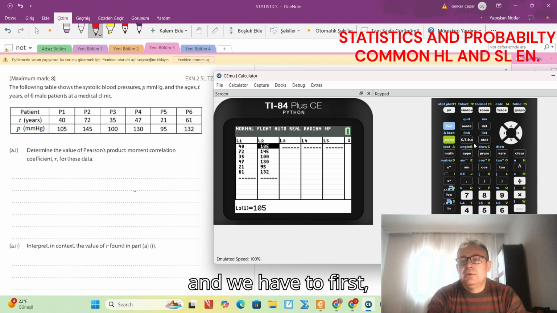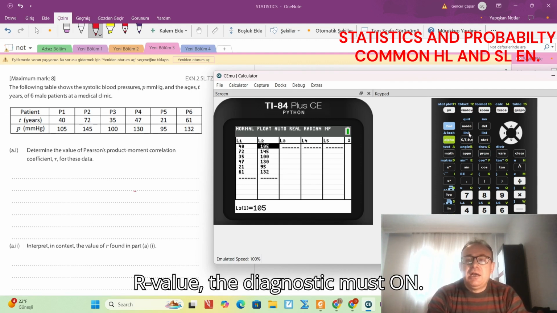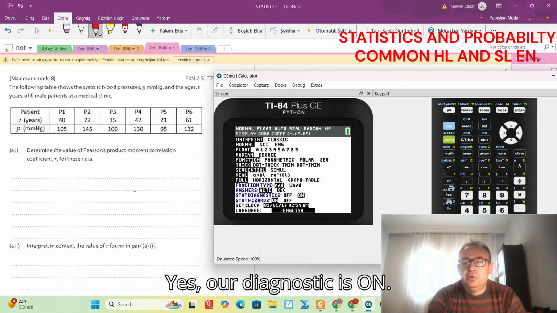Since we will evaluate the r value, the diagnostic must be on. Let's check. Yes, our diagnostic is on.